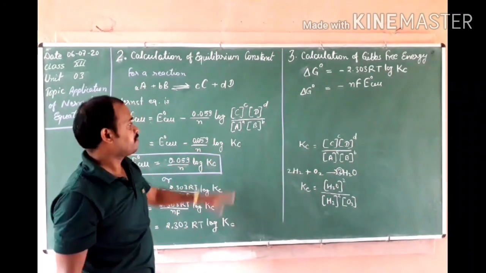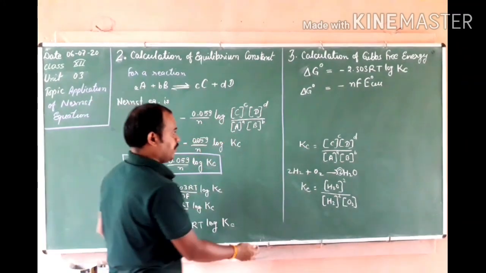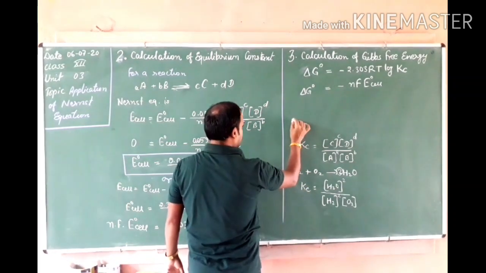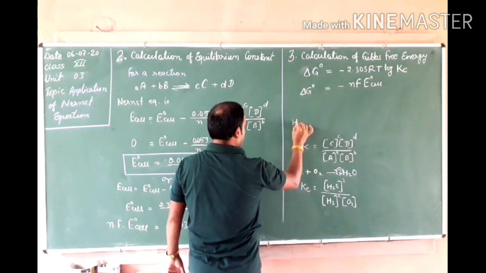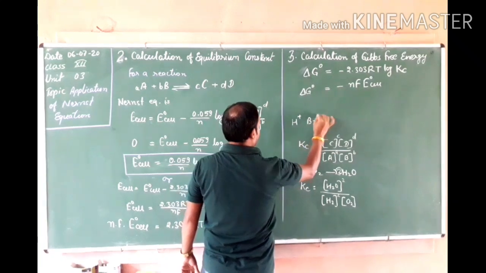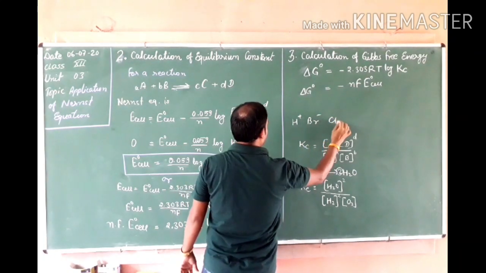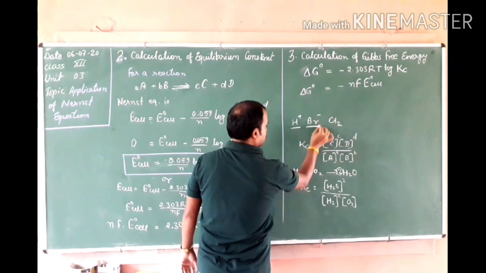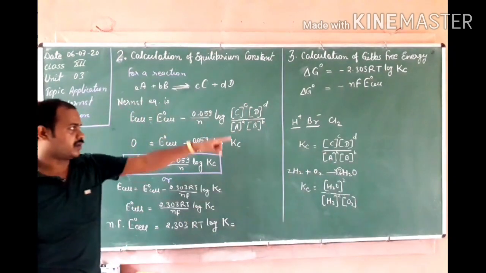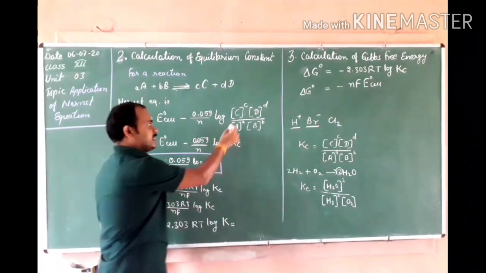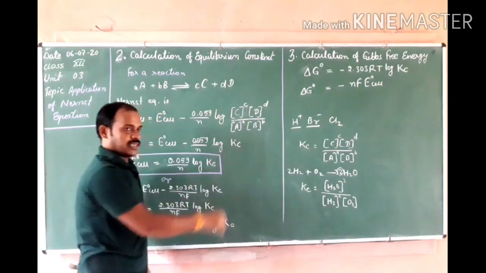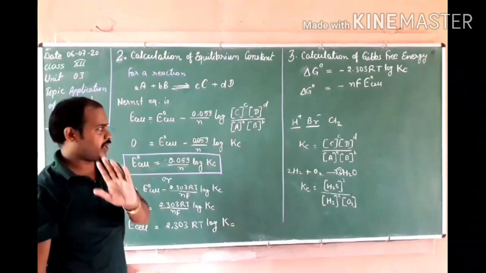Don't take metals here. For example, if we have an equation like this, H plus, Br minus and Cl2, then we will use concentration only for these two ions, not for Cl2. So here we will use only ions.